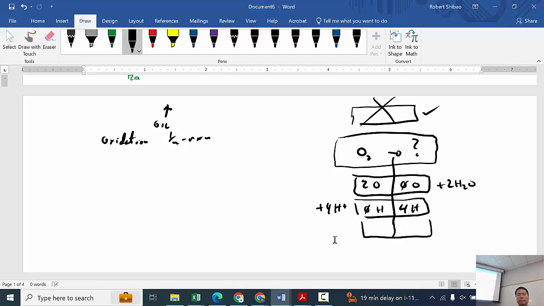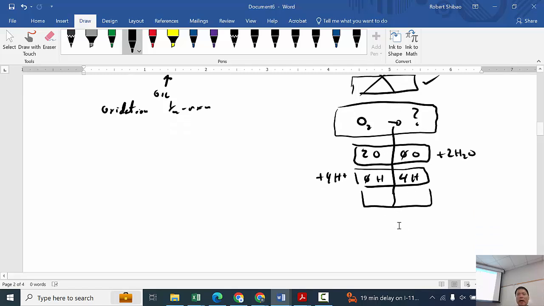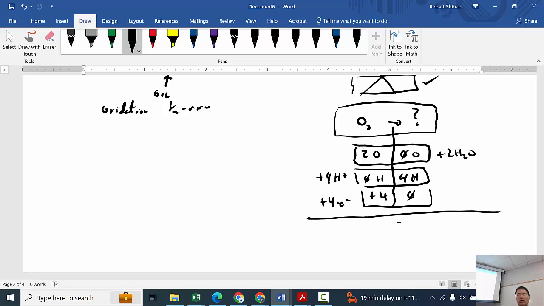And then we have 0 plus 4 gives us plus 4, and then the waters are neutral, so that's 0. And so we'll need plus 4 electrons here. Let's try to add it up. And so this is going to give us O2 plus 4H plus 4 electrons yields 2 H2O.